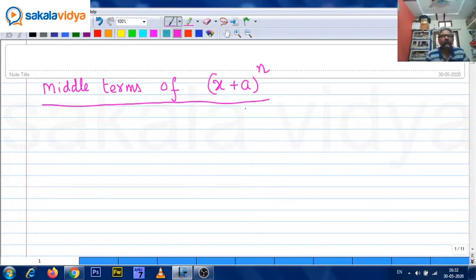Right. So now middle terms of the (x plus a) whole to the power of n means here two cases we need to write.